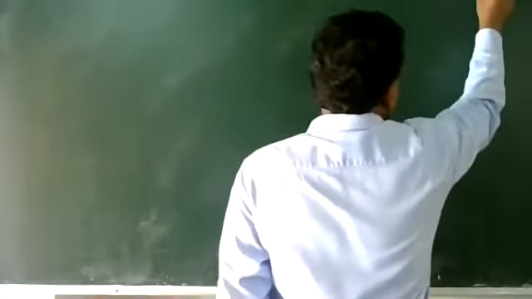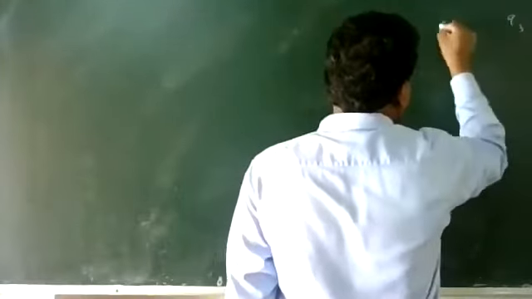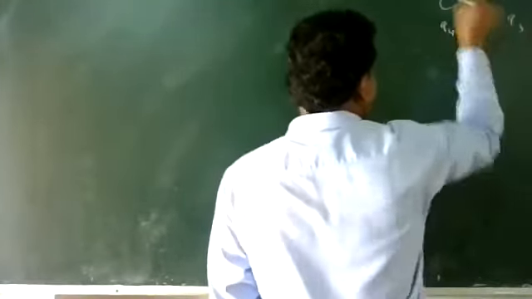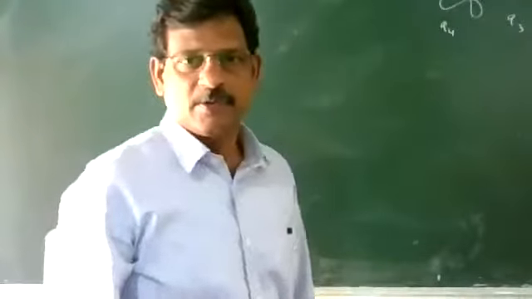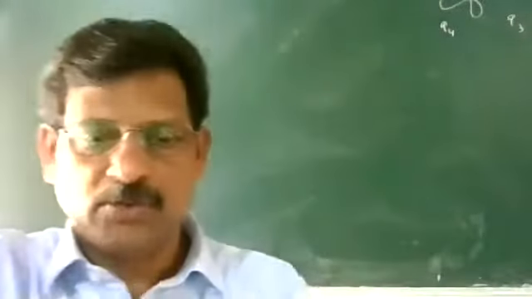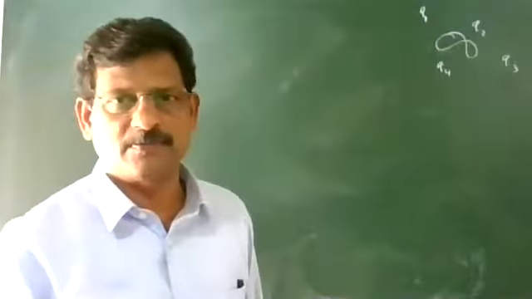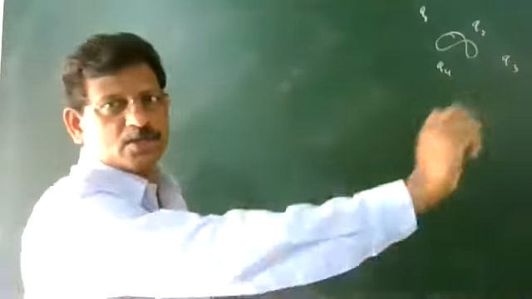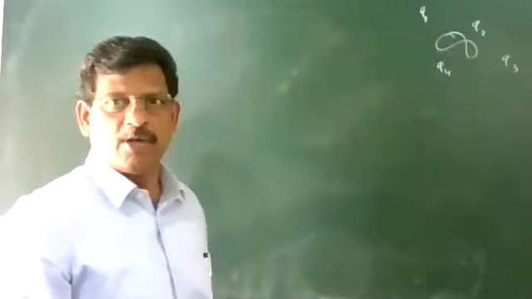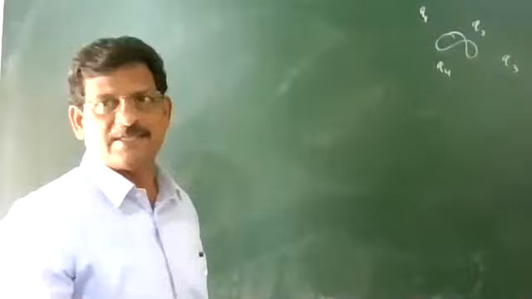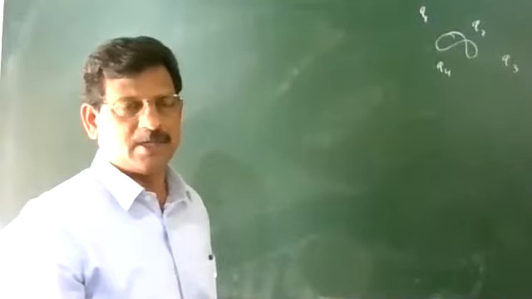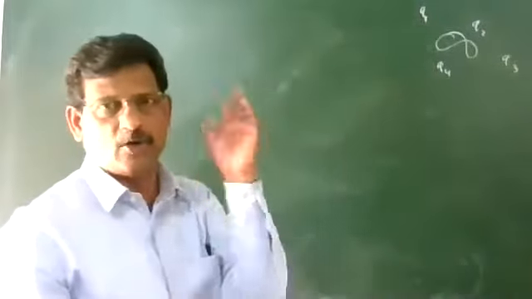Q1, Q2, Q3, Q4, all are at infinite distance apart, and you have to bring them to their current location. So we have to find out the work done. So exactly the W1, W2, W3, everything is exactly same. That I am not going to repeat. That last topic that you will exactly copy it.